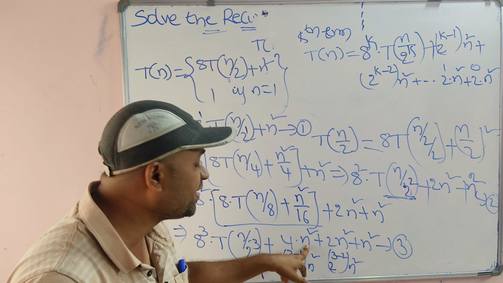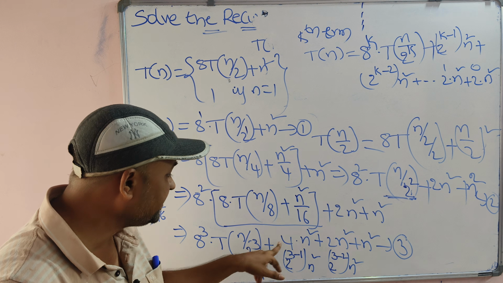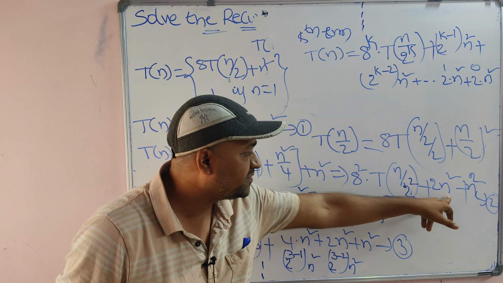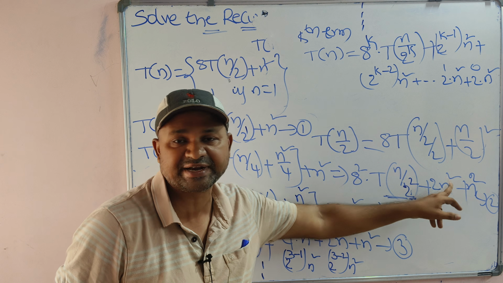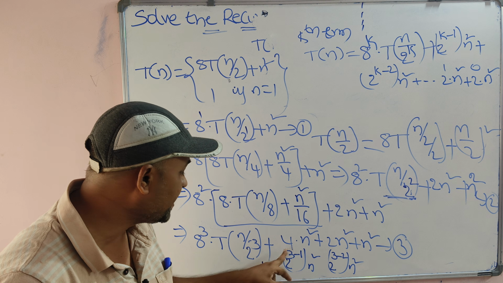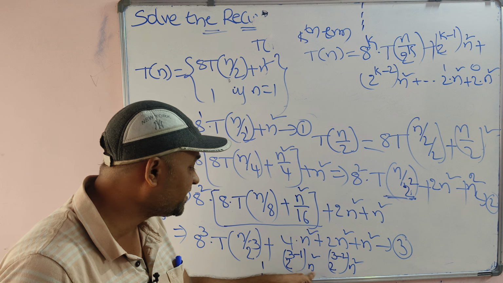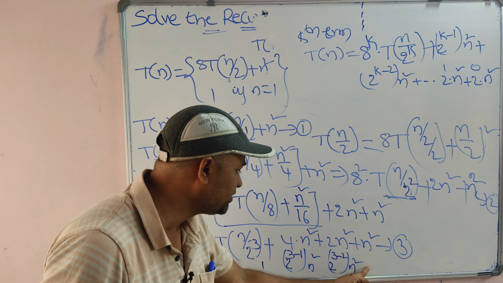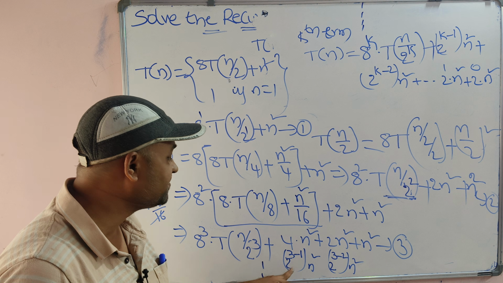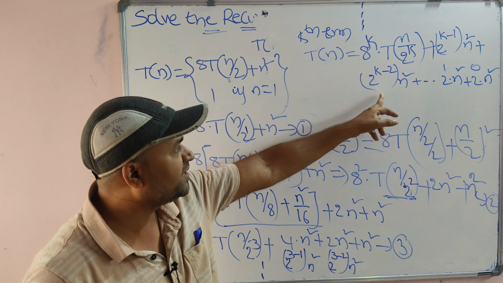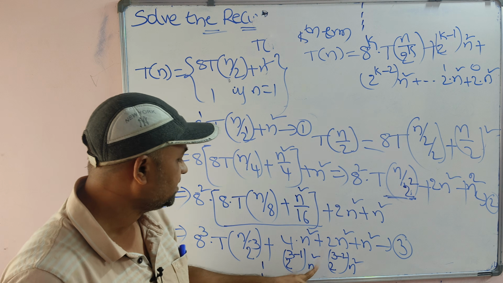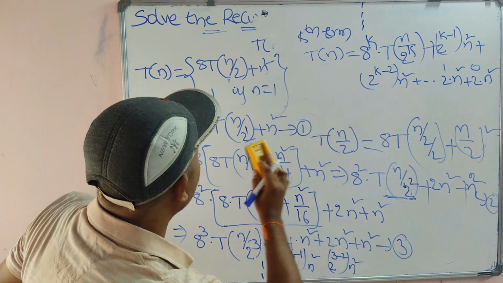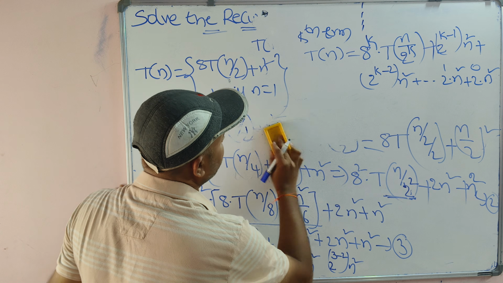Next here we have 4n square. Here the power is 3 and here we have 4n square. Here the power is 2, here we have 2n square. We don't have 4n square. So we can write this 4 as 2 power 3 minus 1 into n square, and this 2 as 2 power 3 minus 2 into n square. This 3 is nothing but the k value. So 2 power k minus 1 into n square, this is 2 power k minus 2 into n square, and so on. The last terms are 2 power 1 into n square and 2 power 0 into n square.